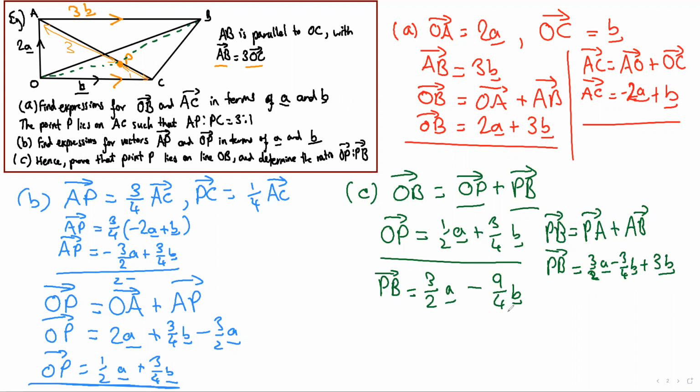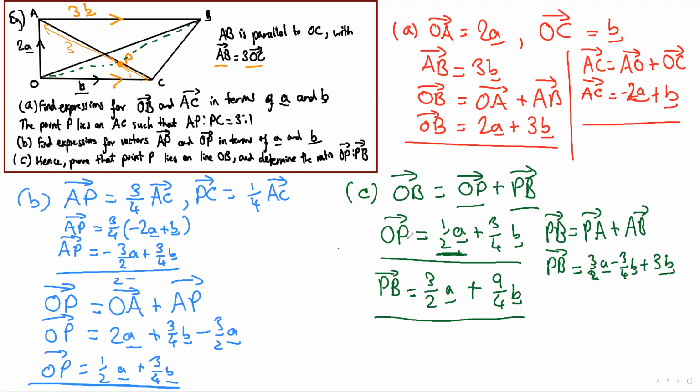I'm just going to quickly check that. Yeah. Okay. So let's see if they're parallel. The way we can do this is if we multiply OP such that this A becomes equal to this A, we should get this B equal to this B. So what can we do to get OP to PB?